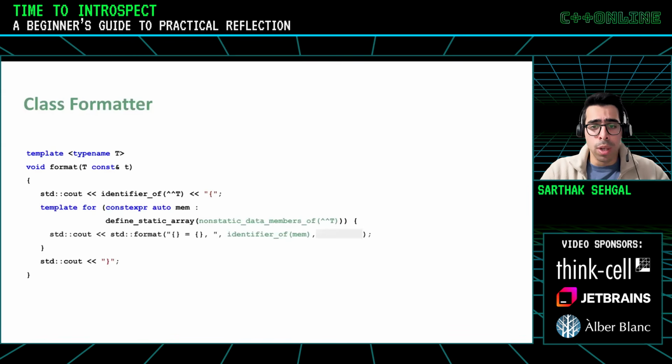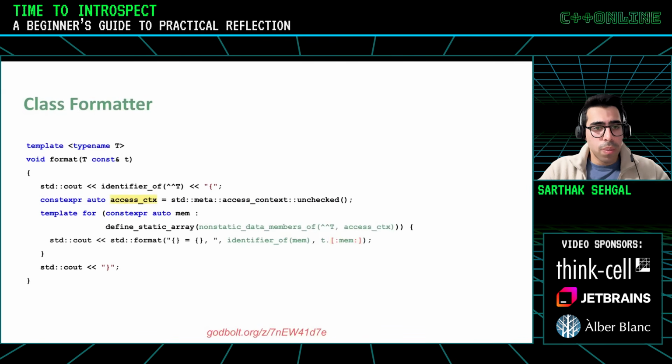I simply cannot do t.mem to access the value. So this is the wrong implementation. Instead, we have to use the splice operator to get back the value from the reflection, and we need to do t.[:mem:]. With this, we're able to iterate over the data members of the class and print out their names and values.